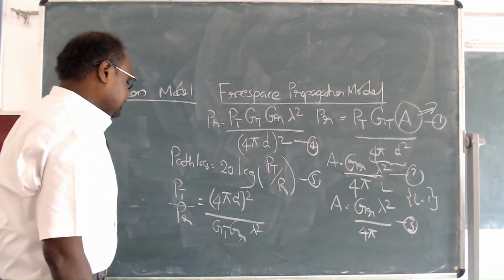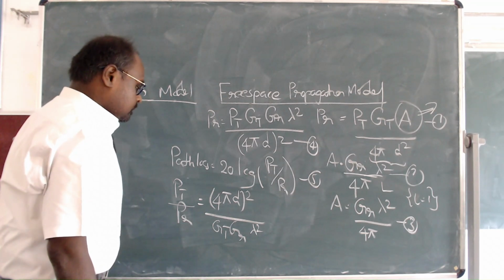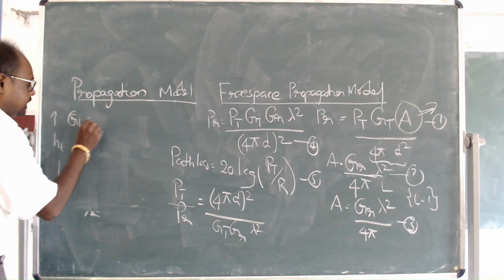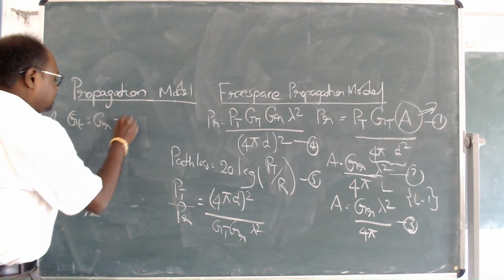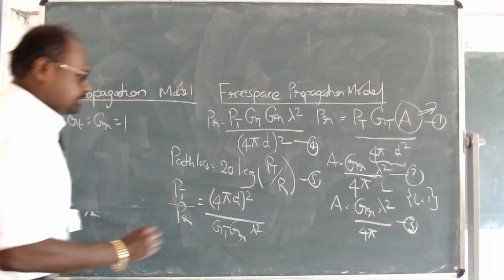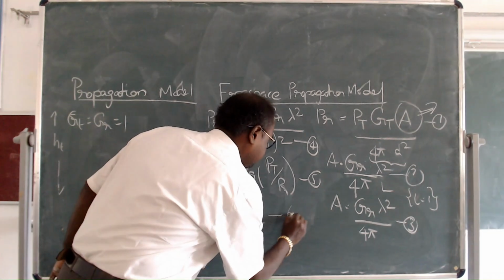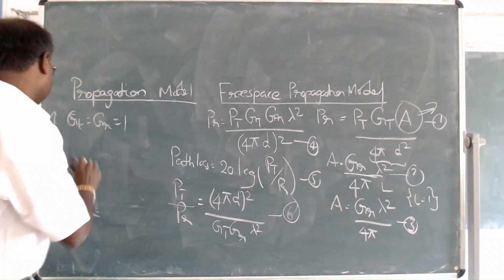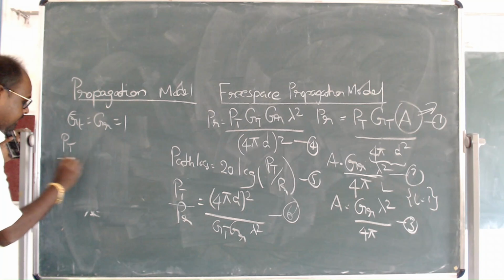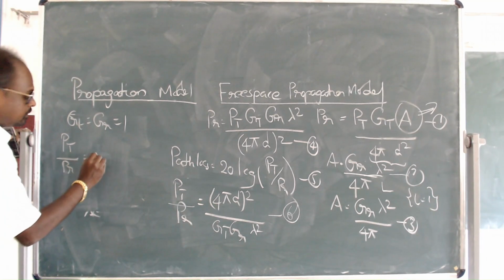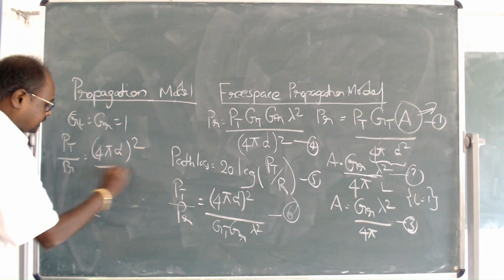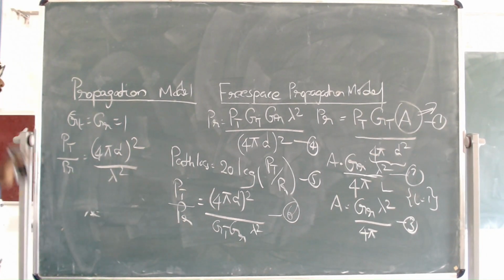Now the gain of the transmitting antenna and the gain of the receiving antenna are always considered as 100%, so it is 1. So equation 6 can be rearranged in this fashion: Pt by Pr is equal to 4 pi d the whole square divided by lambda square.